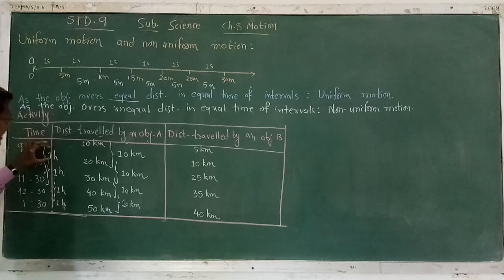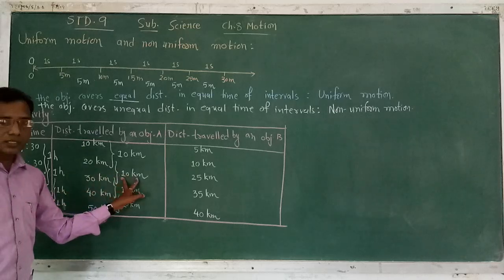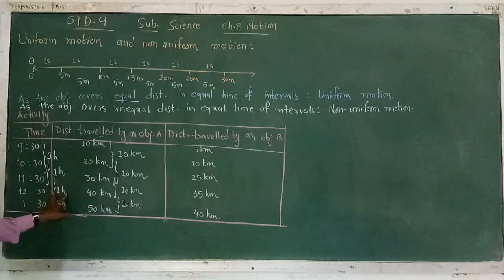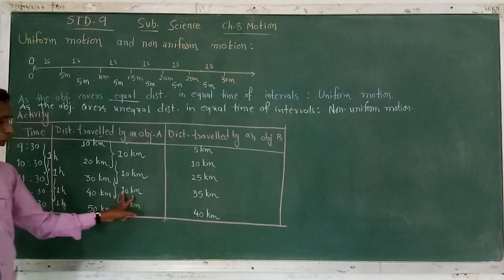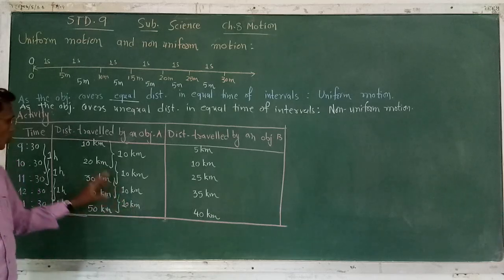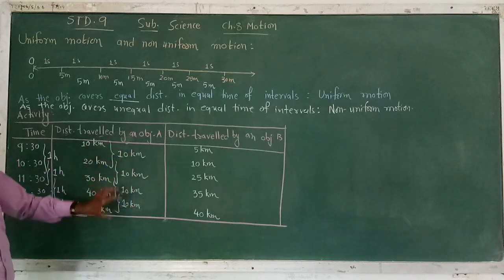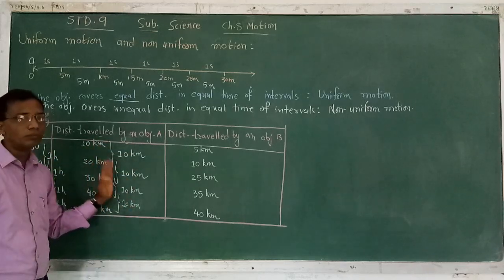So in equal time intervals of 1 hour each, it covers 10 km every hour. So with equal time intervals and equal distance traveled, such type of motion is uniform motion.